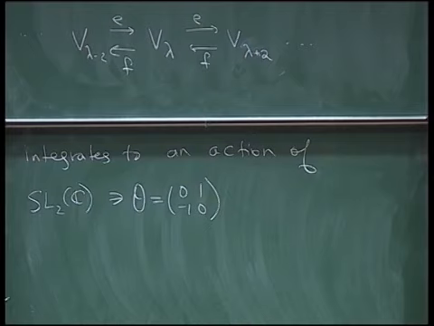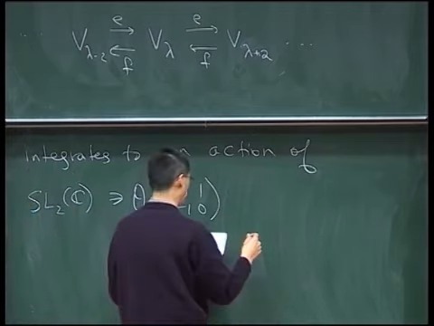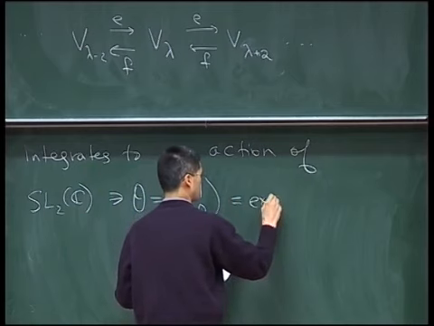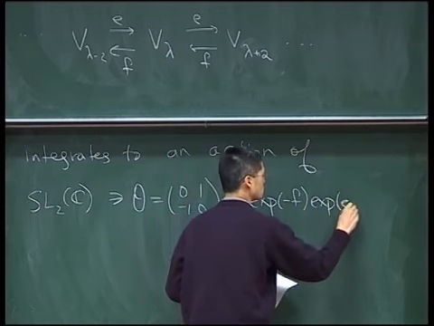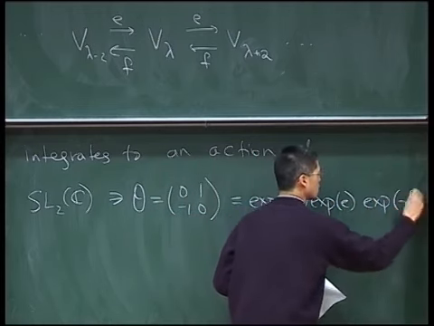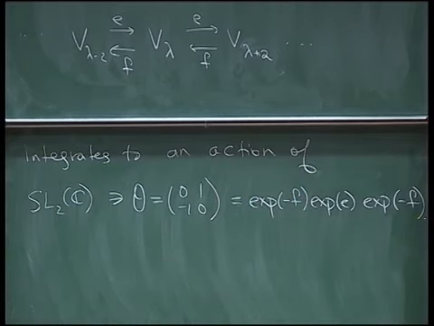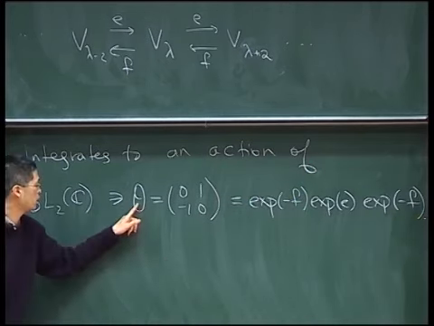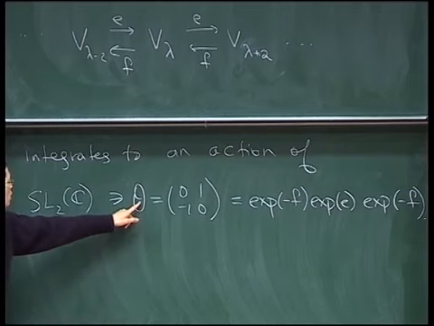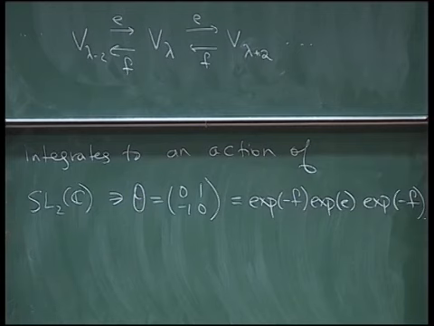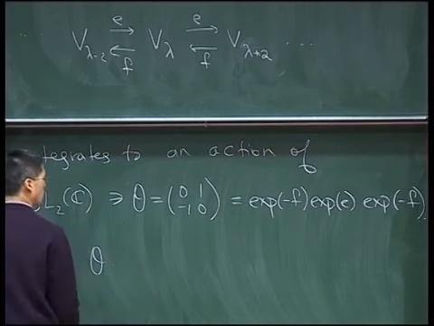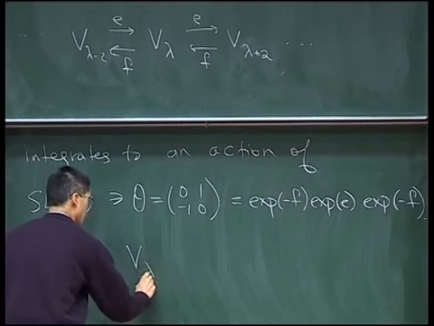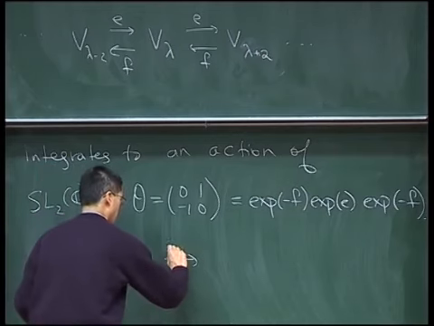And a formula for this in terms of the E and the F is given as a product of exponentials. Okay, so theta is now acting as an automorphism of the representation V, and it reverses weight spaces. So the restriction of theta to the weight space V lambda is an isomorphism onto the opposite weight space.